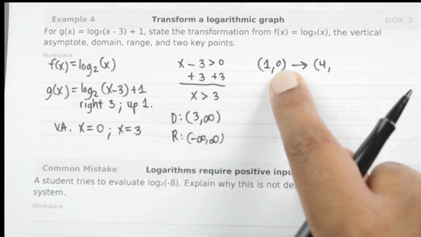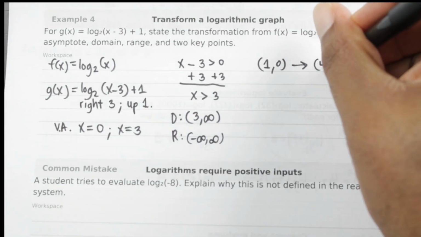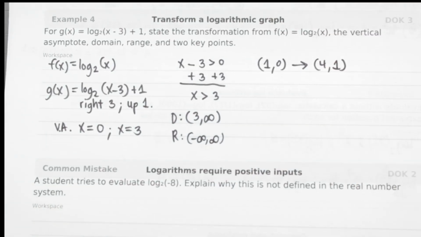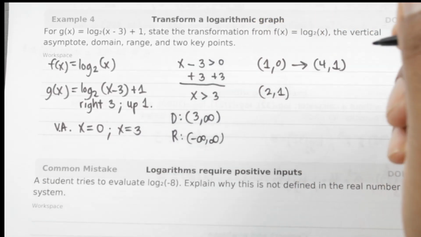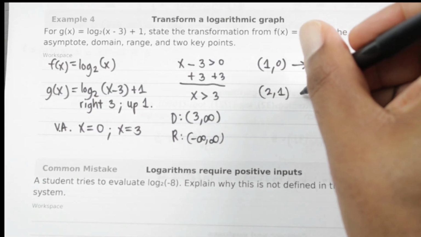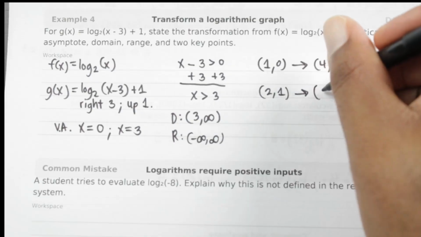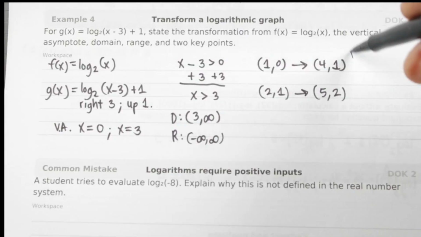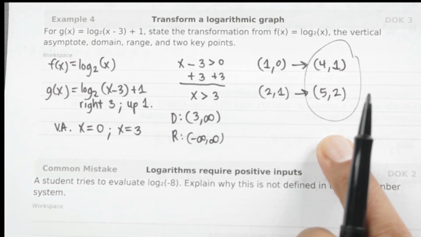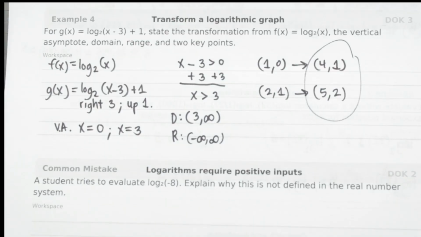Then we go up 1 from 0. That's going to be 4, 1. Okay. And the parent point 2, 1 shifts right 3 units and up 1 unit. So that would be 5, 2. So these are the two key points in this problem here. Okay. All right, let's continue.